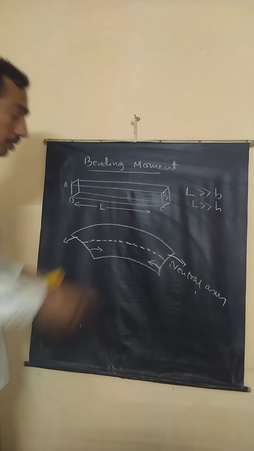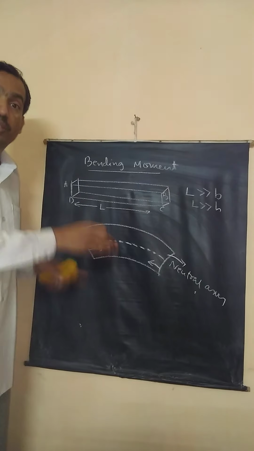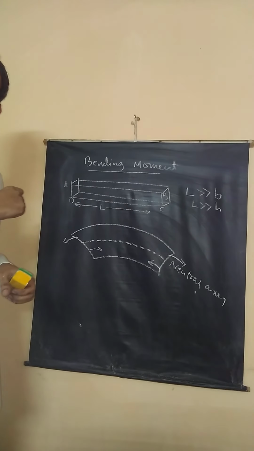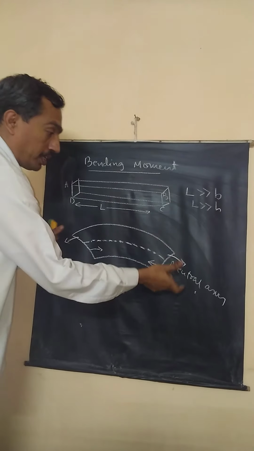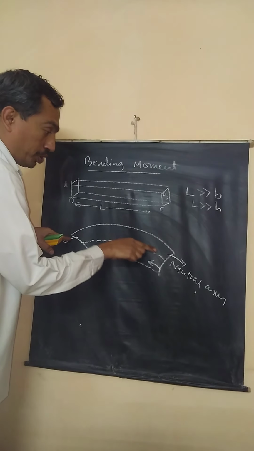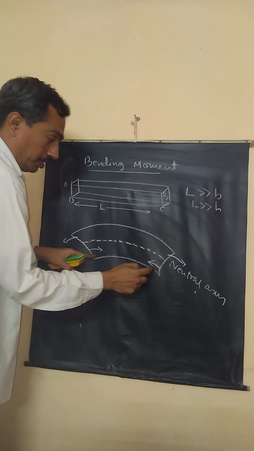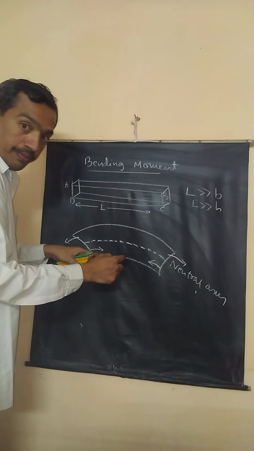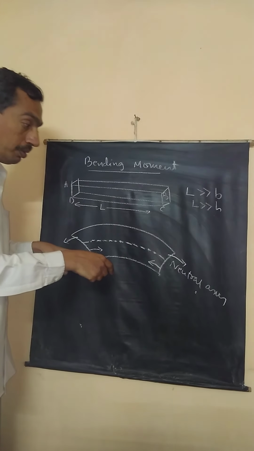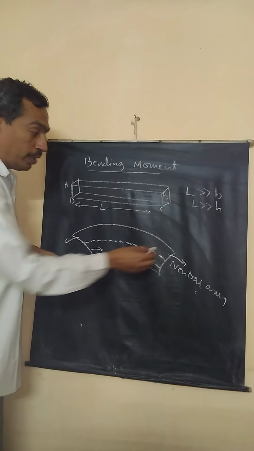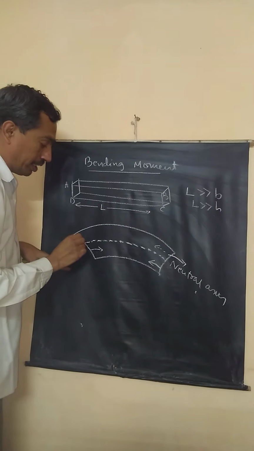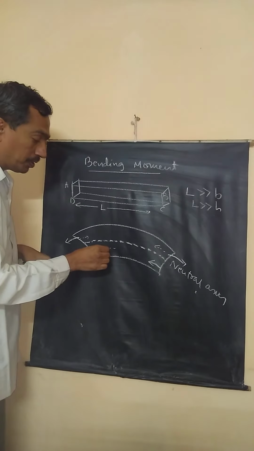So now a restoring force is set up inside this beam. Due to its elastic nature, external force is trying to push this layer outwards, push this inner layer inwards. But now, as a response to this applied stress, a restoring force will be set up inside this.